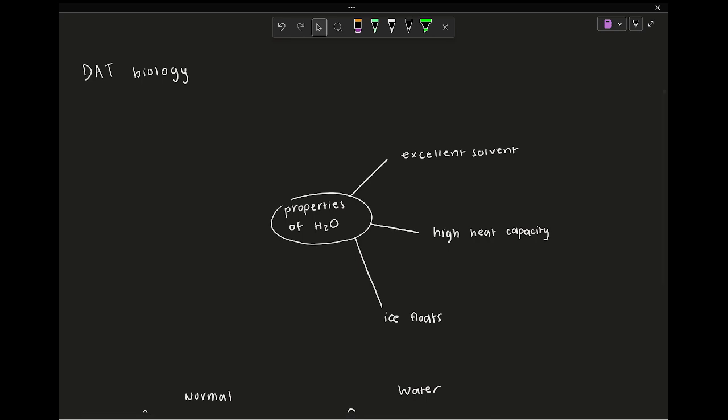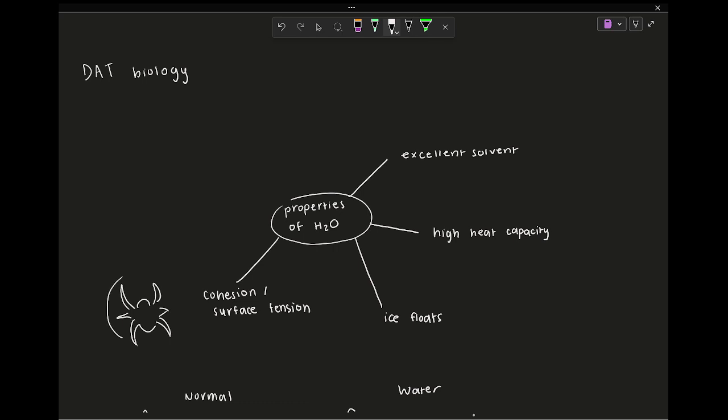Okay, so let's continue on. We have cohesion slash surface tension. This property basically represents how water bugs can almost float on water. Let's say this is a bug and it's on water.